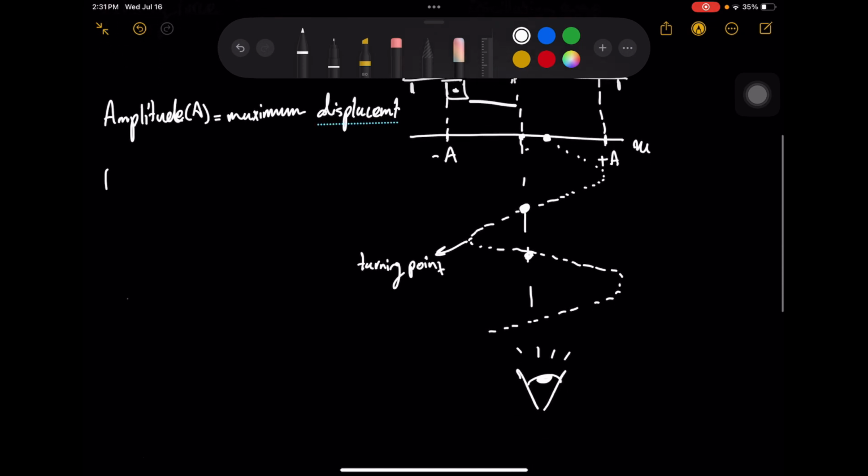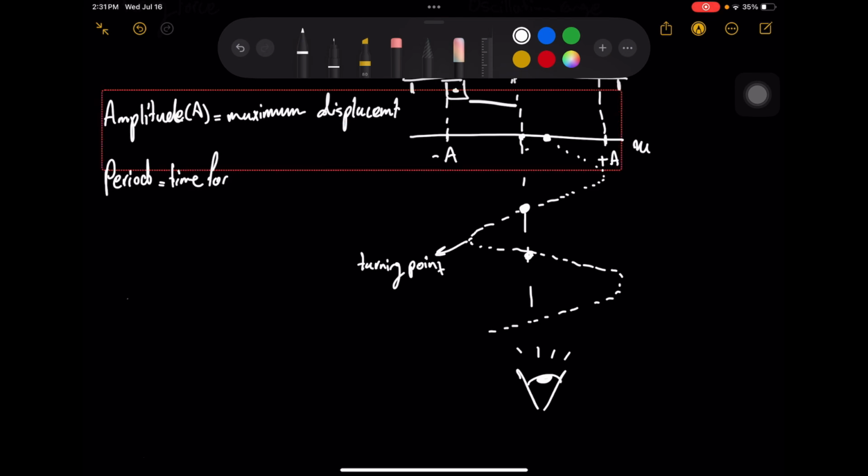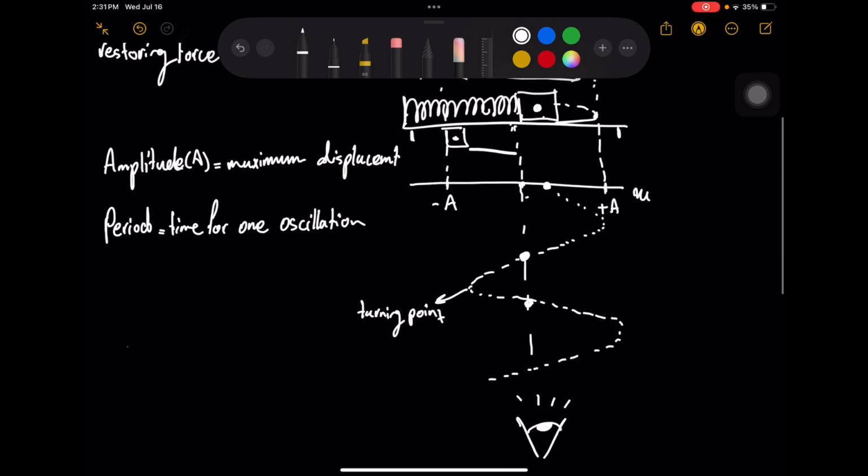What is period? Period is the time it takes for one full oscillation. If you can guess, here for example, we have a point right here.